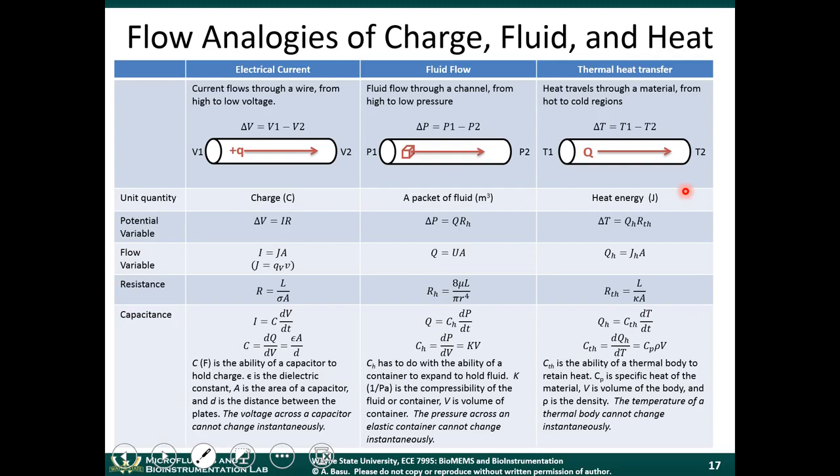So all objects actually have a thermal capacitance, right? Because it takes time to heat an object and to cool it down. The larger an object is, the more time it takes for you to heat it up and cool it down, right? Same idea. So you can think about in the thermal domain, a larger mass results in a larger heat capacity. That is what increases the thermal capacitance.